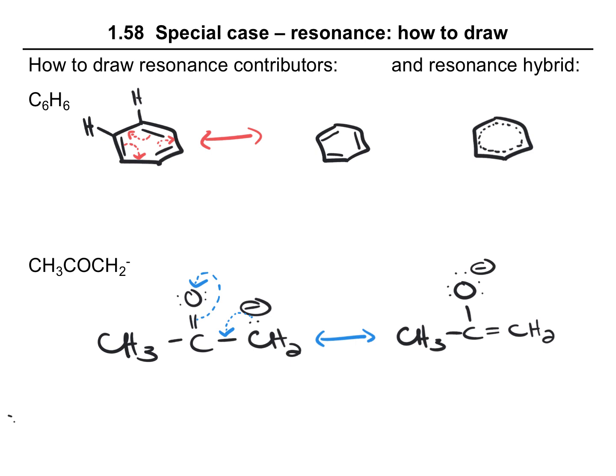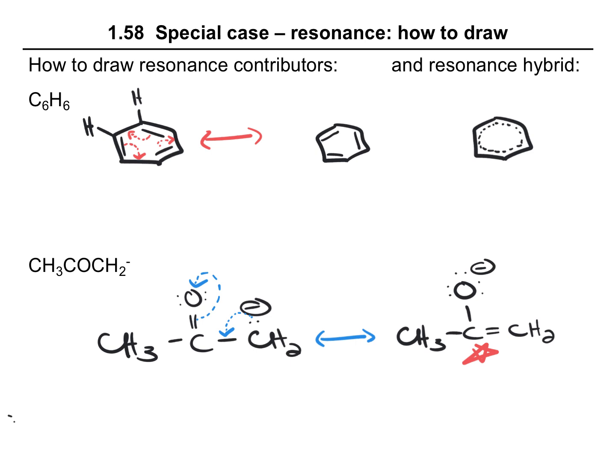The only difference is about who has the negative charge. Here we have carbon with a negative formal charge. Here we have oxygen with a negative formal charge. Because oxygen is more electronegative, oxygen will be happier with a negative charge compared to carbon. So this one will be the major resonance contributor.